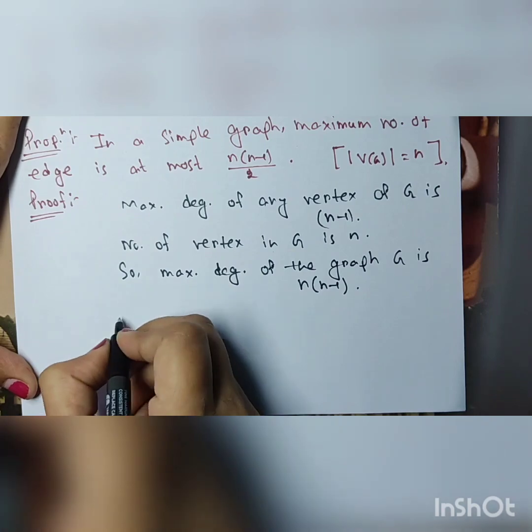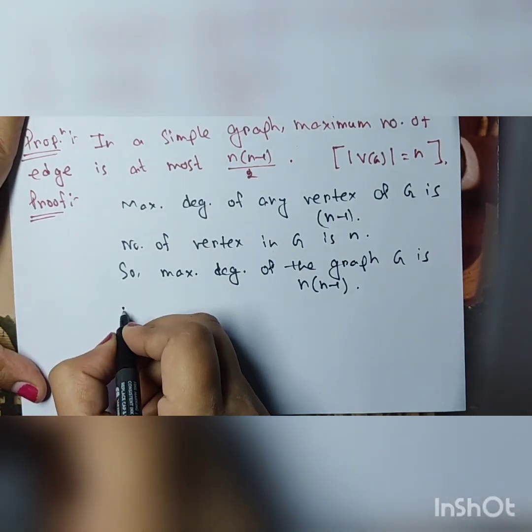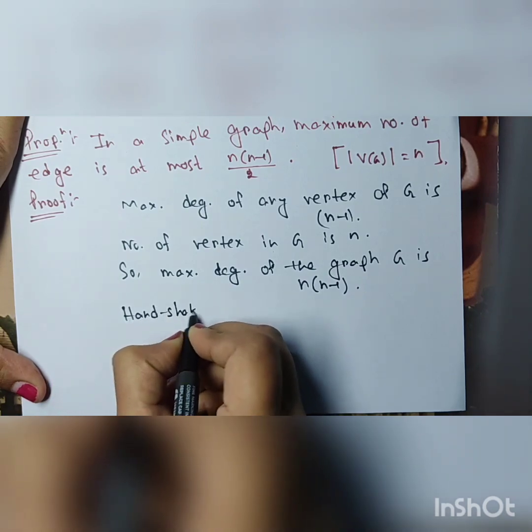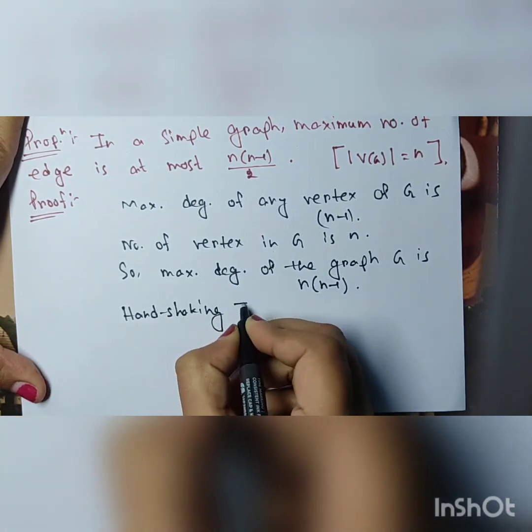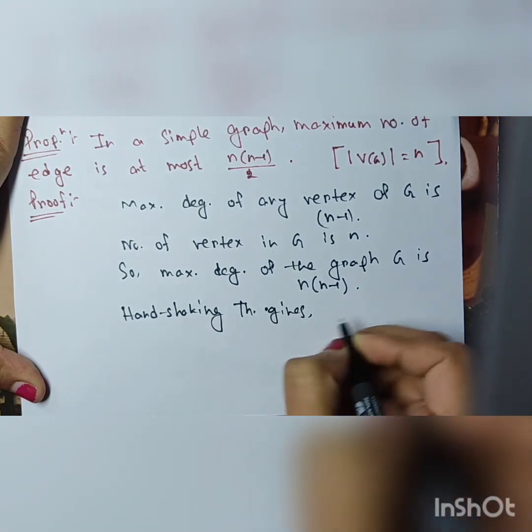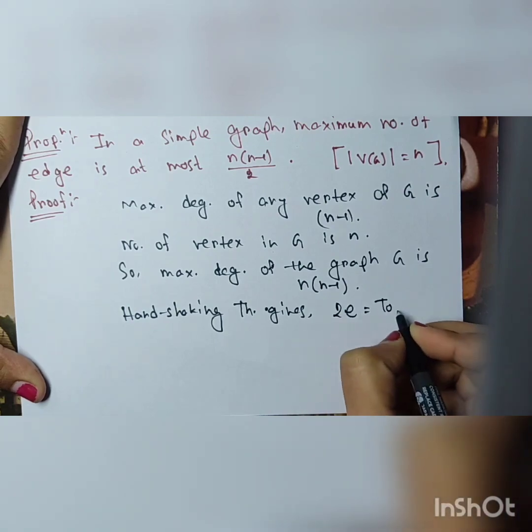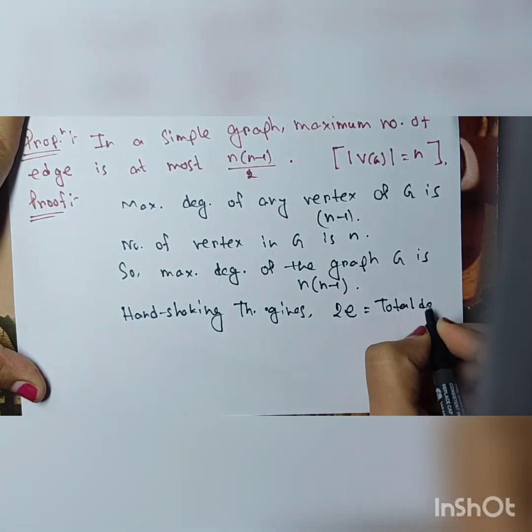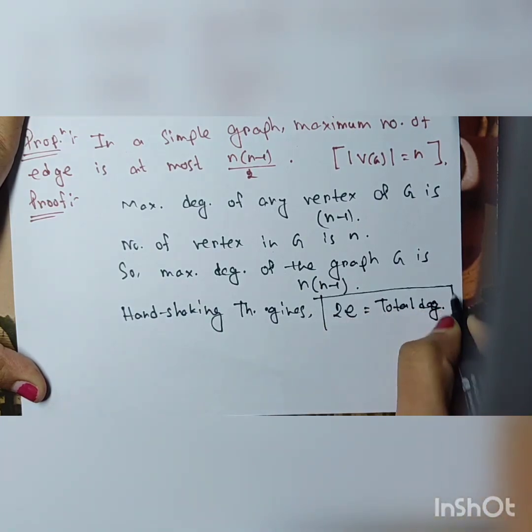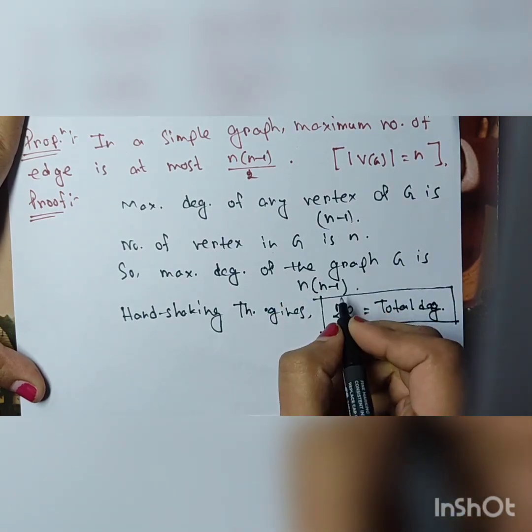By the handshaking theorem we have that 2 into E is equal to the total degree of the graph. Now we have that the total degree is less than or equal to n into n minus 1.